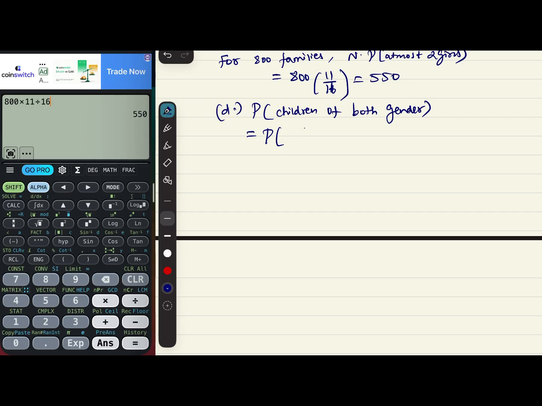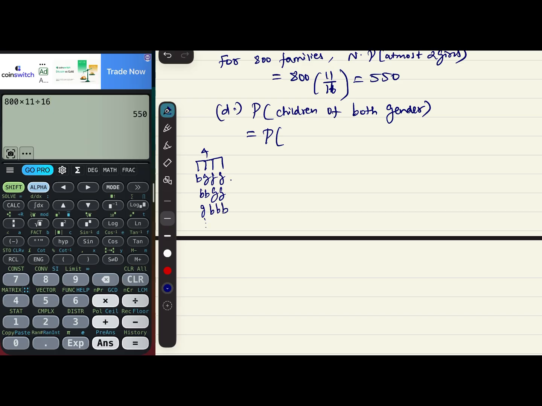Since there are four children, there may be one boy, three girls, or two boys, two girls, or one girl, three boys. Like this it goes on.